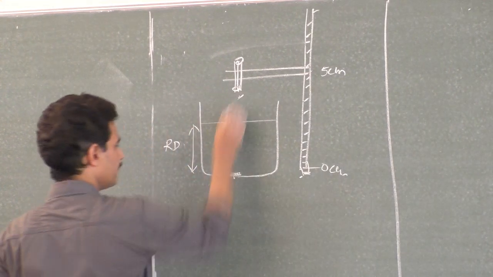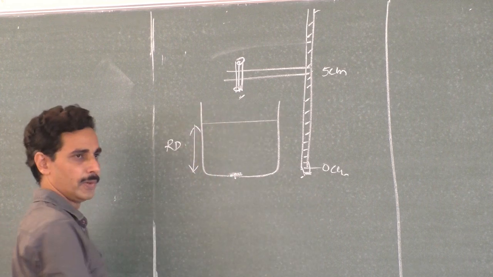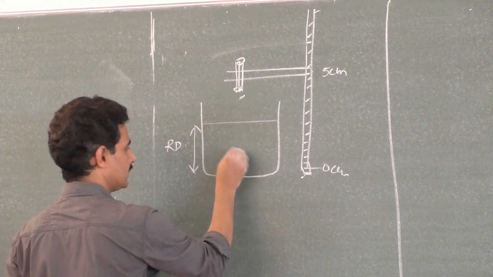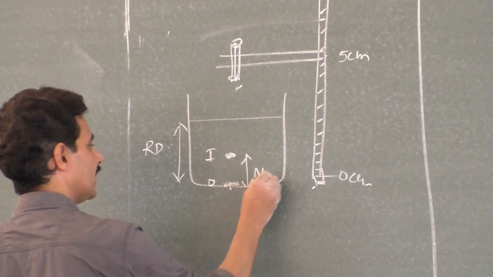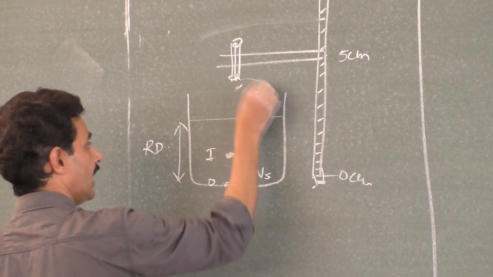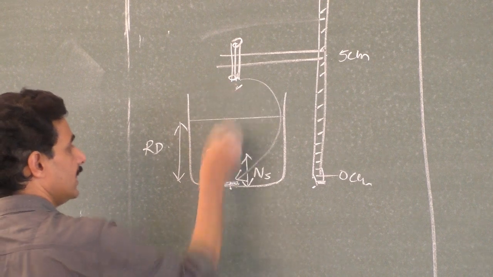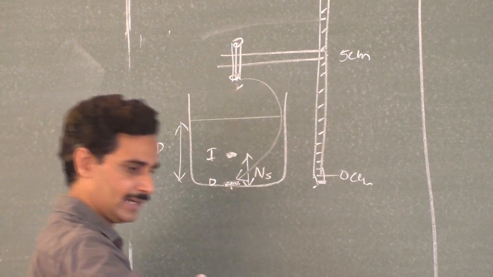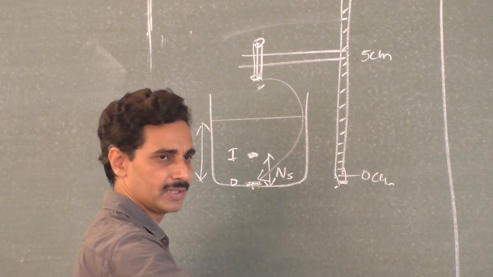So now this is focused here when there is no water. But as soon as water is poured, you know there is a normal shift. Image shifts here. This is object, this is image. By how much image gets shifted upwards, what you call normal shift. If you want to see this image, because now the microscope is focused here, this appears to be blurred. If the child comes nearer to you, the image becomes blurred because it was focused when the child is away.